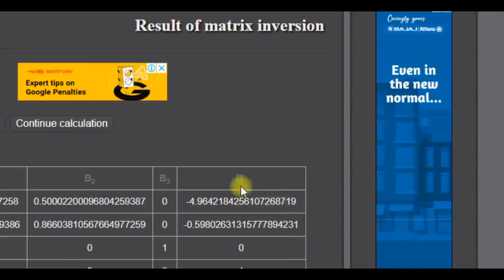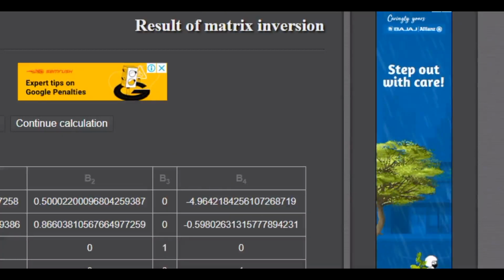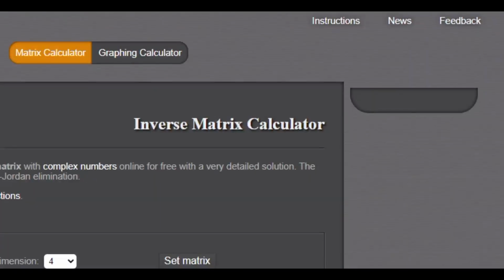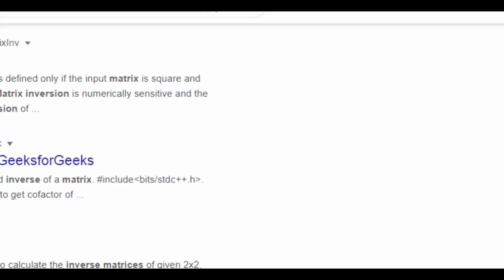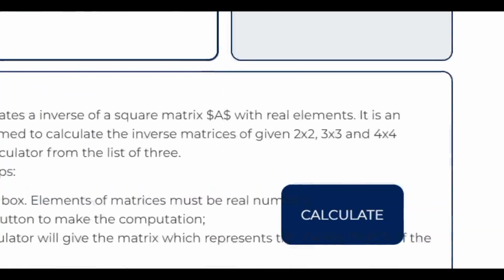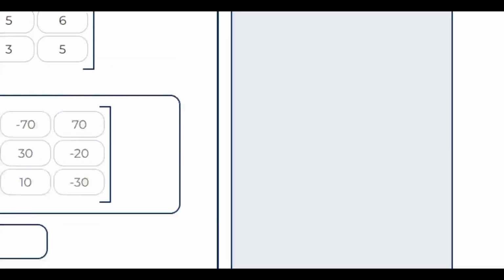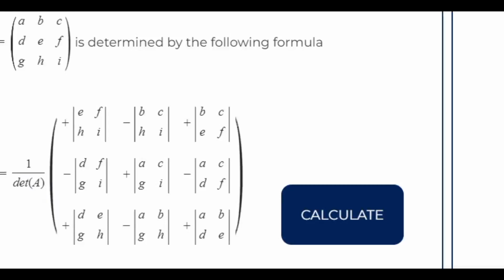Now about this, if you go through the inverse formula, you have to go through the detailed formula.